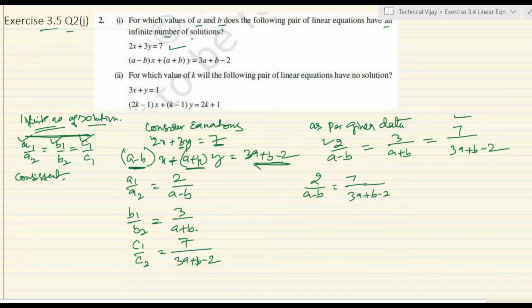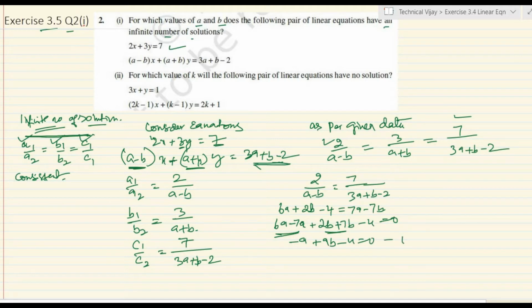We will form one equation. So here cross multiplication, 2 into 3a plus b minus 2 means 6a plus 2b minus 4 is equal to 7a minus 7b. So 6a minus 7a, 2b plus 7b minus 4 equal to 0. So 6a minus 7a means minus a, plus 9b minus 4 equal to 0.